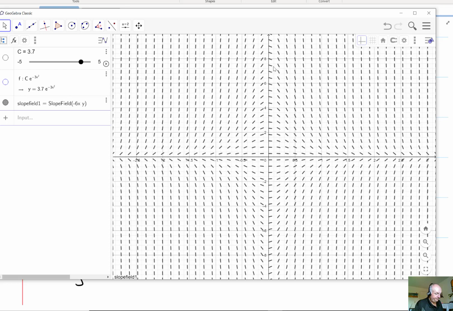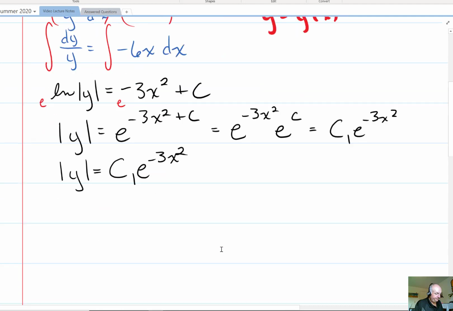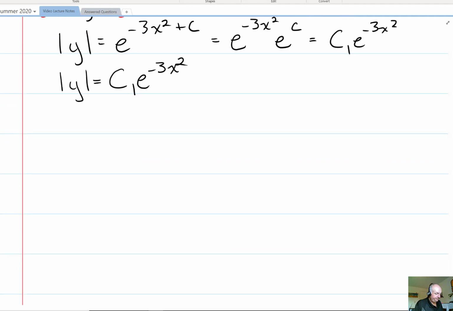So the absolute value is going to be positive. That allows us just to drop our absolute value sign here and deal with the curve y equals c sub 1 e to the minus 3x squared. That's going to be our solution curve. We don't have to worry about the absolute value.